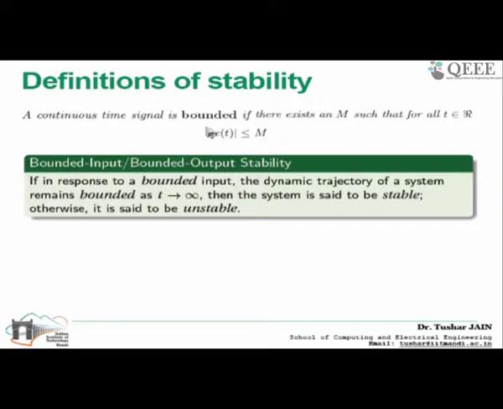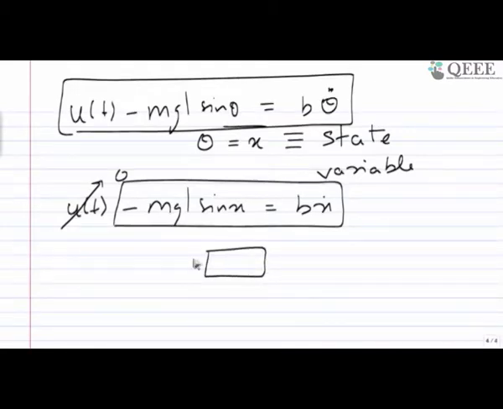I have a system, I have a signal u(t), the input, and y(t), the output. If I give a bounded input which satisfies this bounded criterion to this system, and my output stays bounded, then I have bounded input bounded output stability.